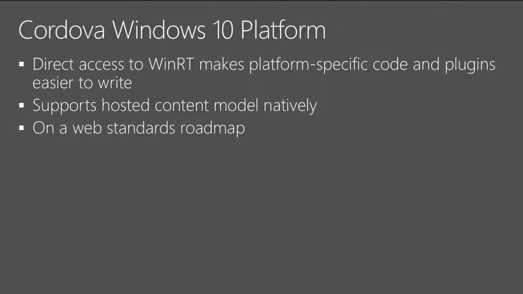It is on a very stringent web standards roadmap. So on Windows 10, an important differentiation between Windows 10 and 8.1 applications: when you package for Windows 10, it makes use of the brand new Edge or Project Spartan, depending upon what name you know it under. It makes use of the new Spartan rendering engine, the new Edge rendering engine. And that is an evergreen rendering engine.